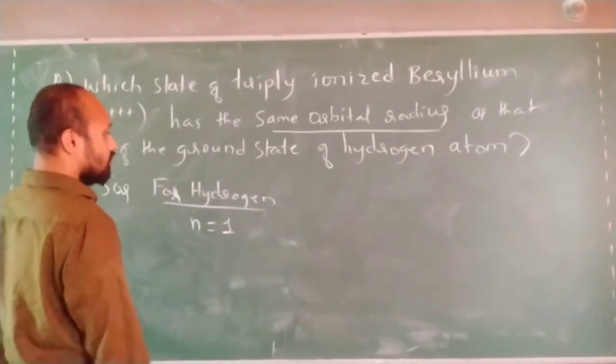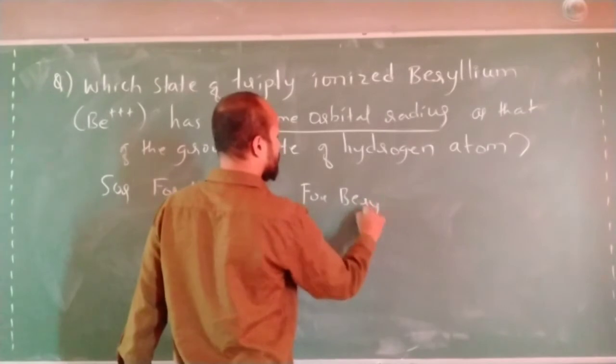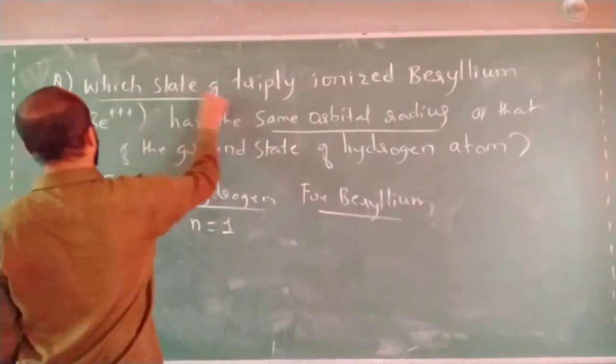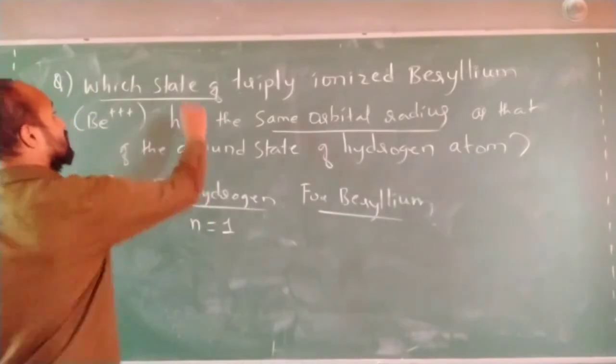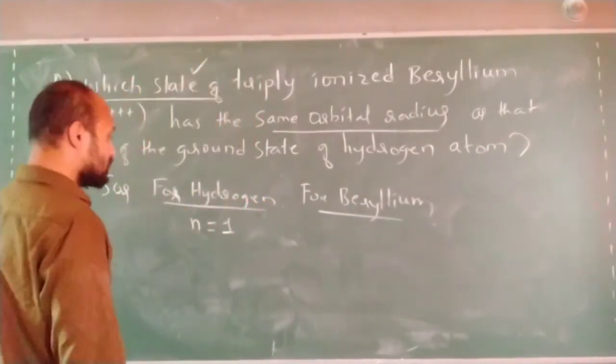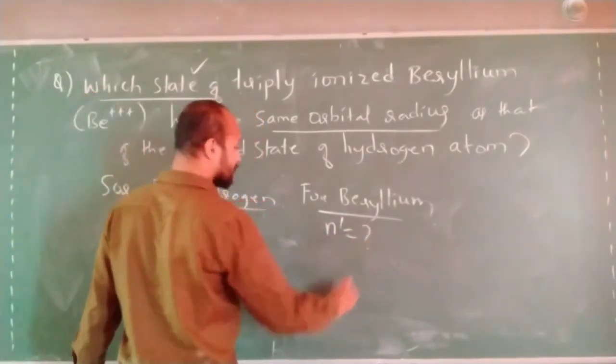Okay? For beryllium, what will be the n value? For which state? He is talking about which state of orbit. So for beryllium we have to find the n dash value.